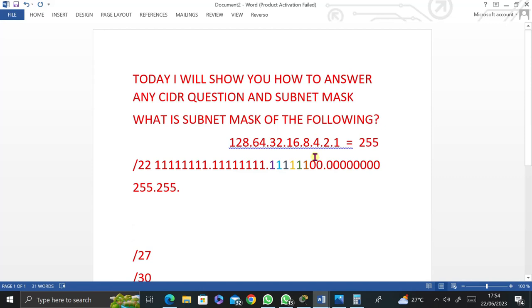You see, the ones that are colored are the numbers that we are going to add.